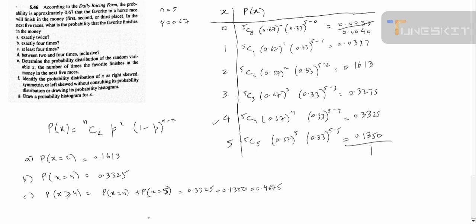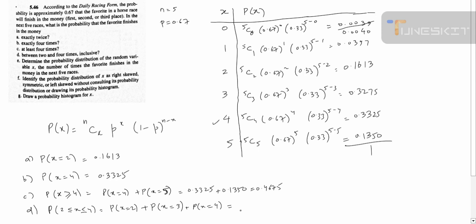Now part D is asking us to work out the probability between 2 and 4 inclusive. When we write between 2 and 4 inclusive, it will include probability of x equals 2, because the equality sign is there just because of the word inclusive, then probability of x equals 3 and plus probability of x equals 4. So we need to add these three probabilities, 2, 3 and 4.